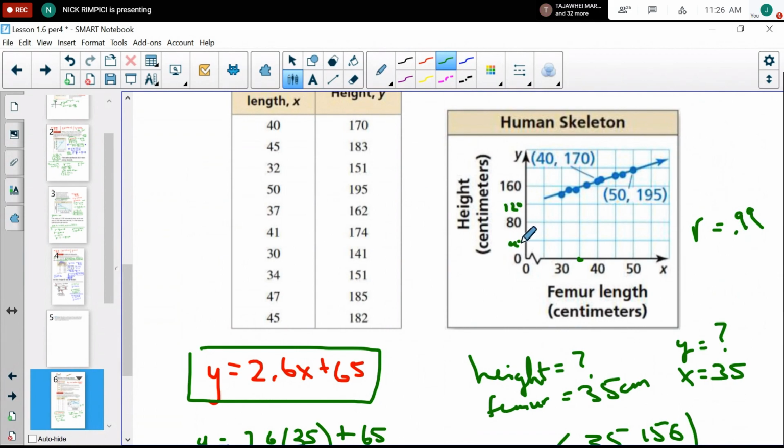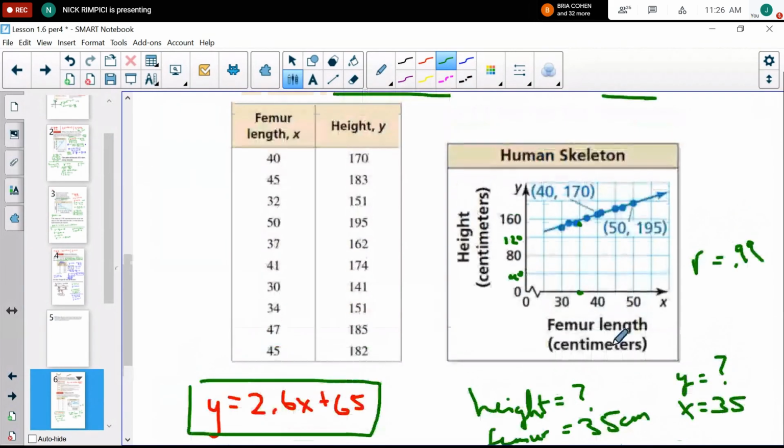So 156 is really close to here, up here. It makes sense. That point is really close to that line, so it looks like it's in about the right place. All right, so that's basically how you handle this.